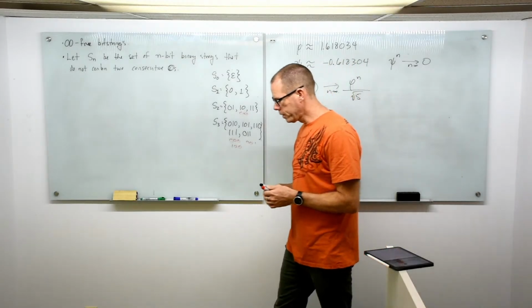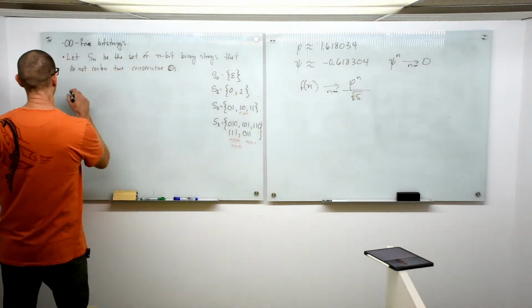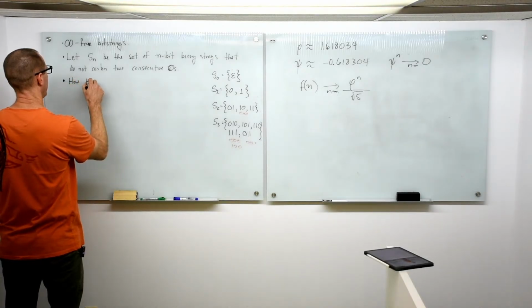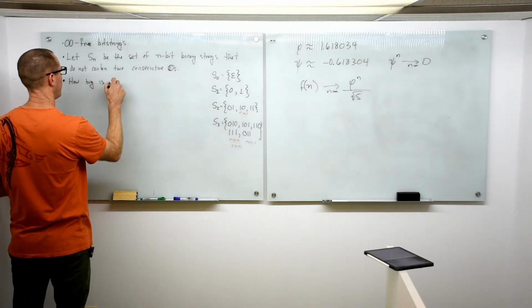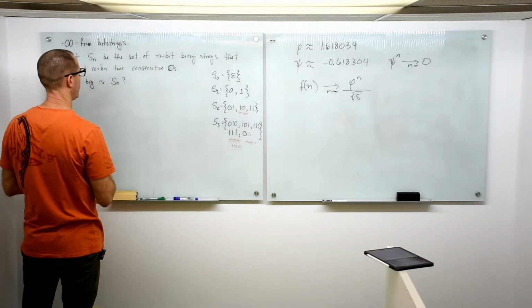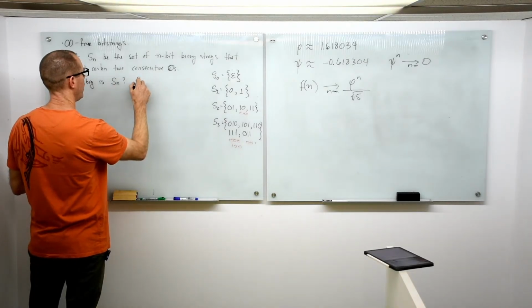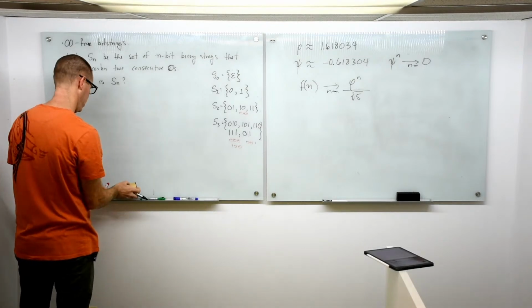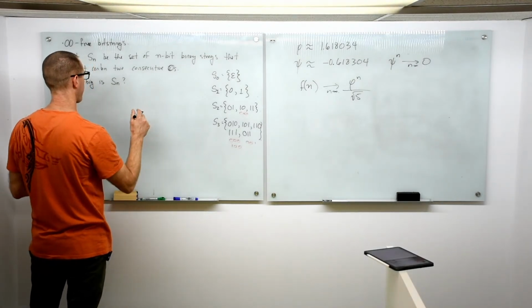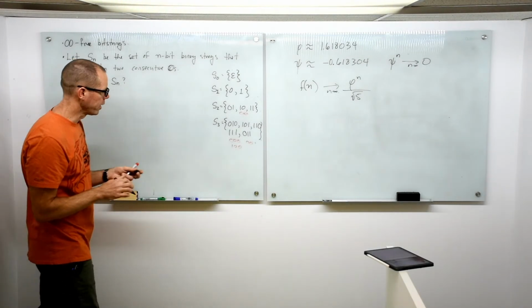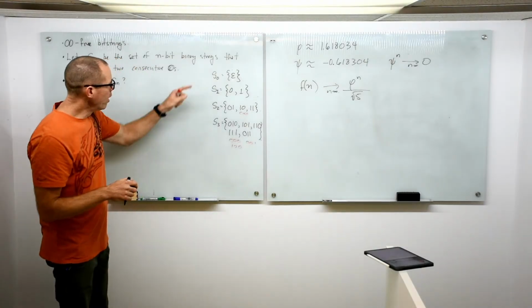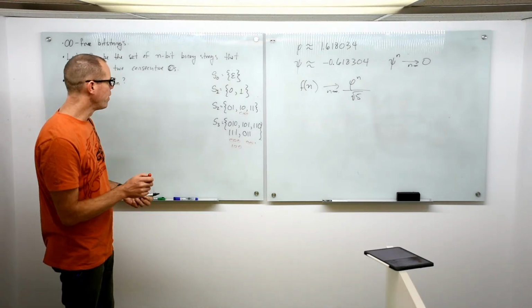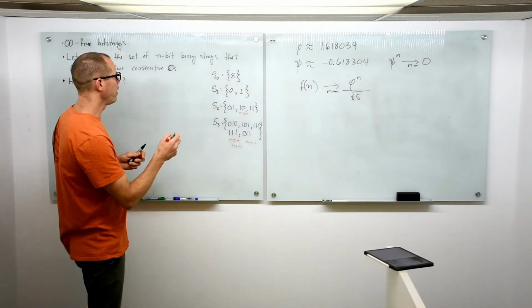So what we'd like to know is, how big is S of n? We'd like to know how big S of n is, and I know the answer for a few values of n.